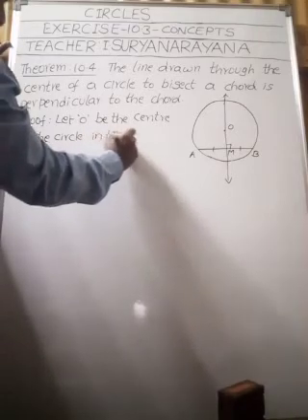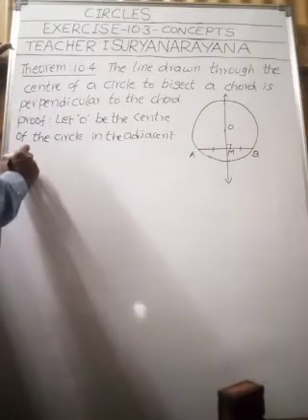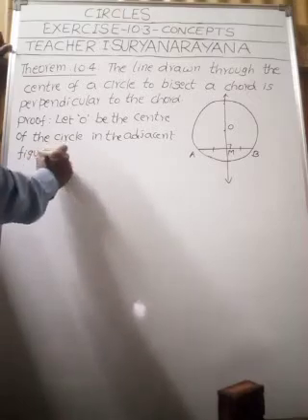In the adjacent figure, let AB be a chord of the circle.